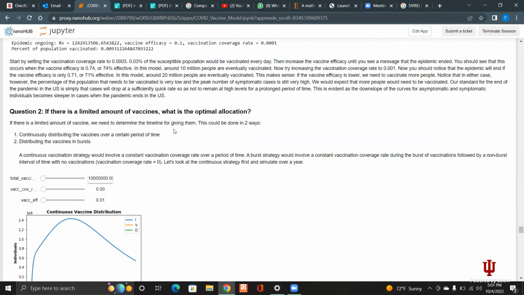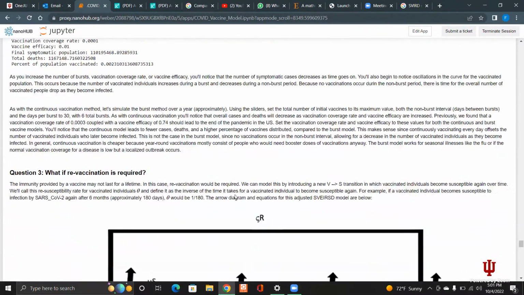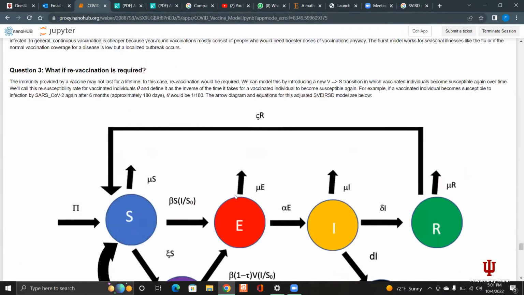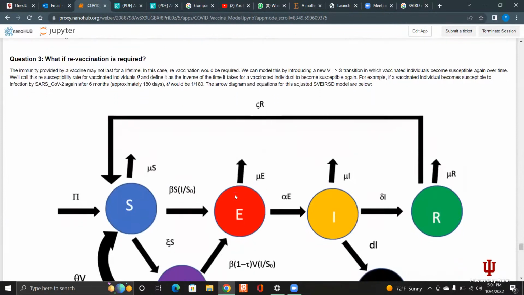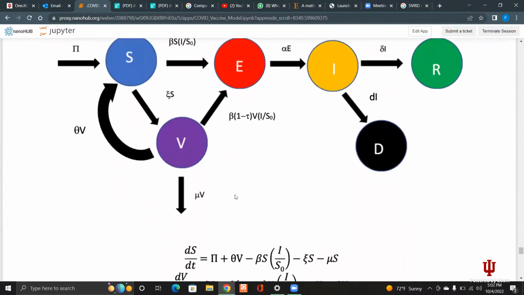Or if there is a limited amount of vaccines, what should be the optimal way in which vaccines should be provided to the people? And also, is there a need for revaccination? So these were all the questions that were answered in this model.